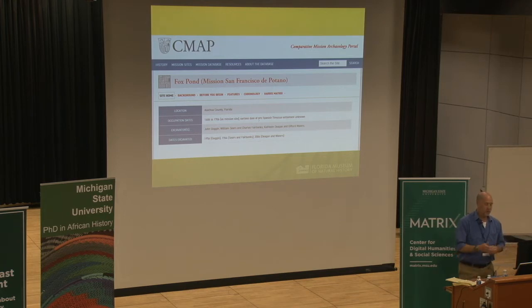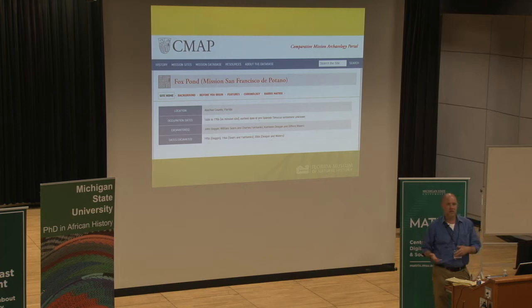You also have the background tab here, which is going to have a detailed background summary of all the excavations that have taken place. Before you begin, it discusses differences in excavation protocols. For example, a lot of what we deal with at the Florida Museum of Natural History are legacy collections excavated in the 50s and 60s, as well as current research that's been more recent in the last decade or so.